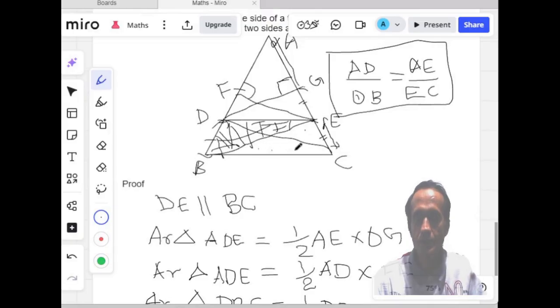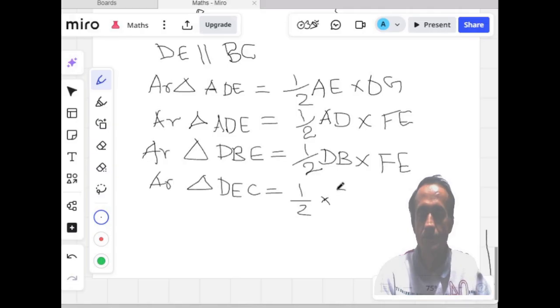Now we'll find the area of this triangle, where I have put dots. Considering this base EC and this altitude, the area of triangle EBC will be half EC into DG. EC is the base and DG is the altitude.